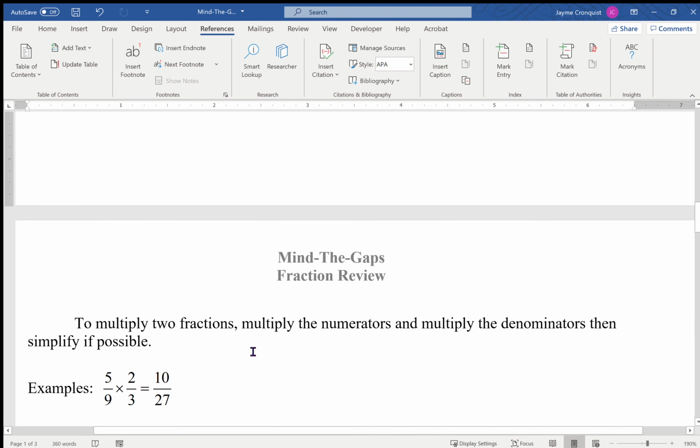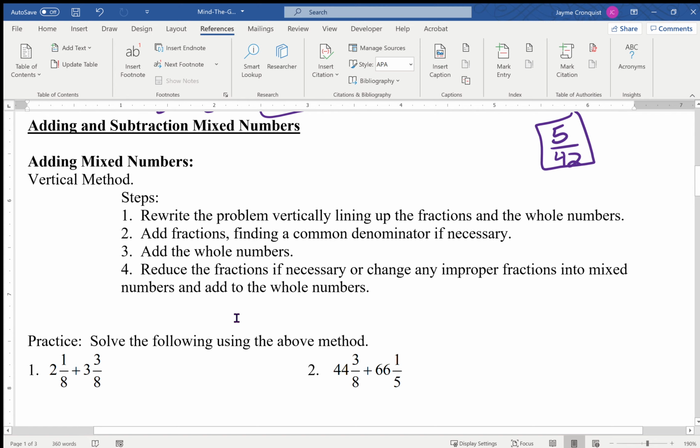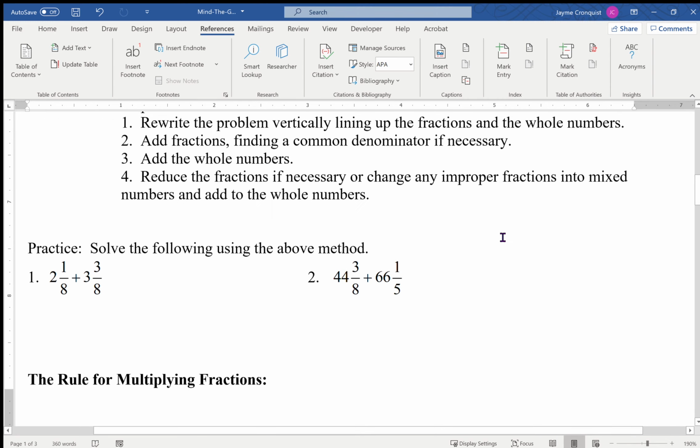Let's see if this is mine. Rewrite them vertically, lining up the fractions and the whole numbers. Okay, I see what they're saying. All right, so we're going to rewrite the problem vertically, lining up our fractions and our whole numbers.